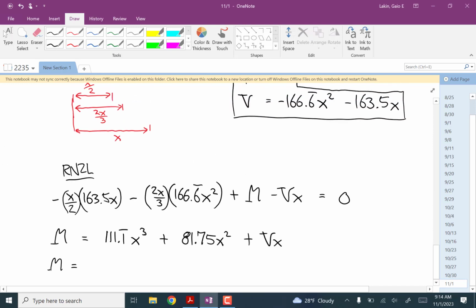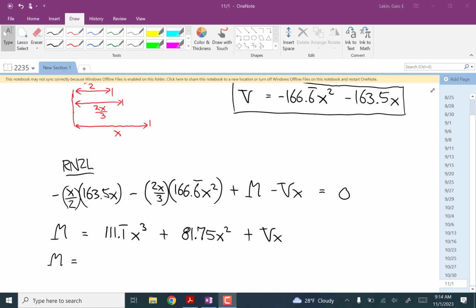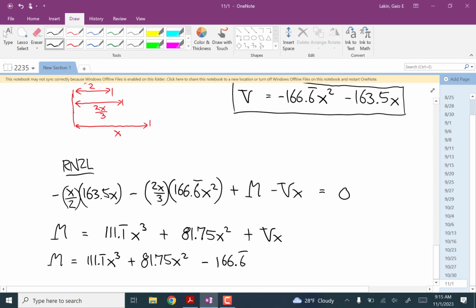Now substitute in the function for V. And you get 111.1 repeating x cubed plus 81.75 x squared minus 166.6 repeating x squared times x, so that's another x cubed, minus 163.5x times another x, so that's x squared.